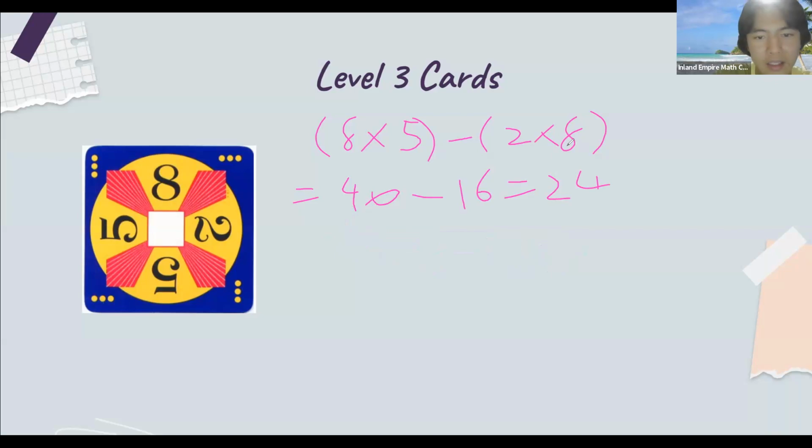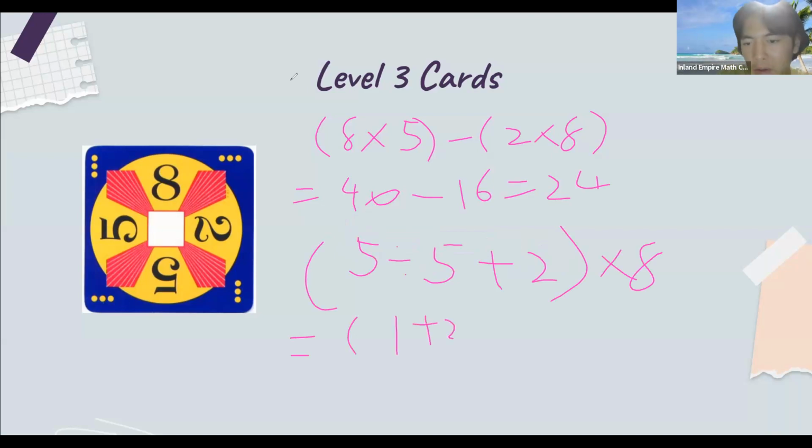But then you have the other solution, which is 5 divided by 5 plus 2 times 8. And if you work this out with the order of operations, you would have 1 plus 2 times 8, which is 3 times 8, which is 24.